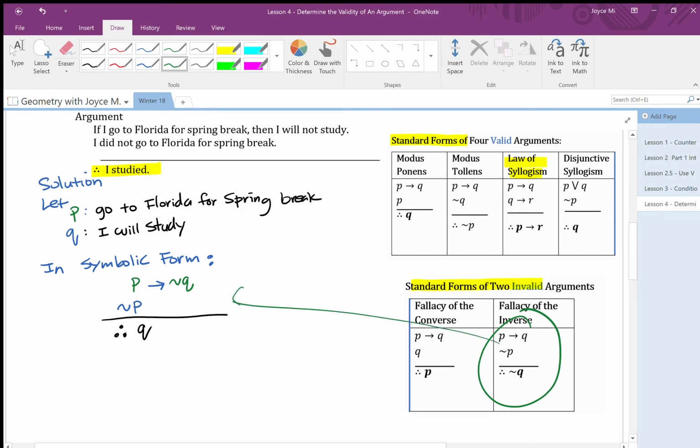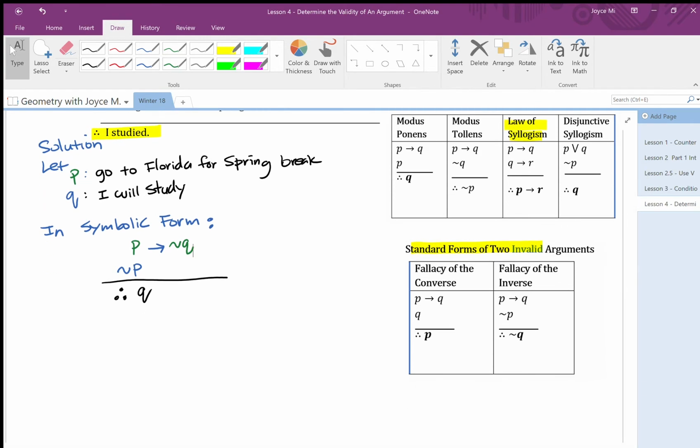I have a conditional statement, and that's my first premise. My second premise negates my antecedent, which is my P. My conclusion negates the consequent, which is not Q. Well, the negation of not Q is Q. So therefore, this matches the fallacy of the inverse. So this is an invalid argument.